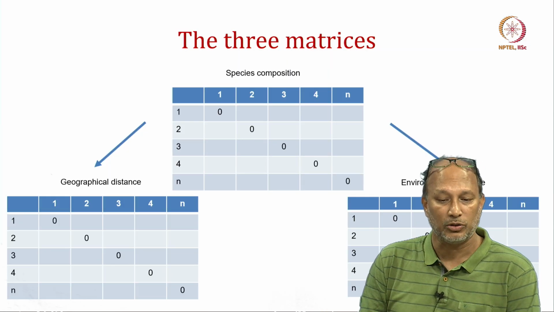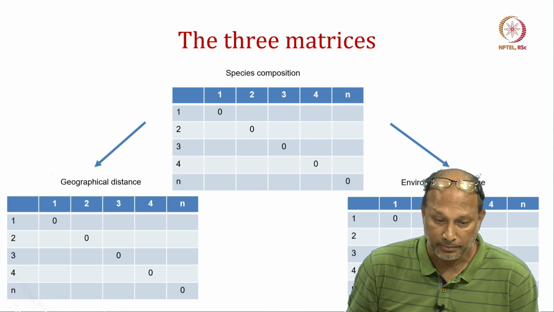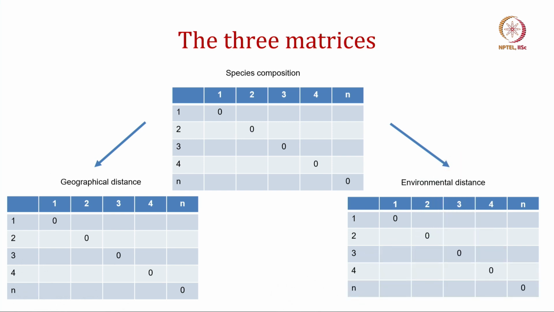One of the ways is to look at them as pairs. So I have pairs of sholas, and for each pair, I can generate a matrix of similarity of species composition, right? That similarity matrix tells me how similar or dissimilar each shola is in composition from any other shola.